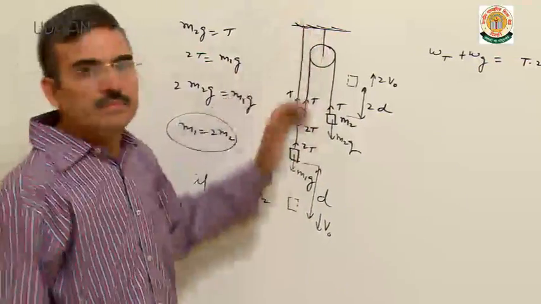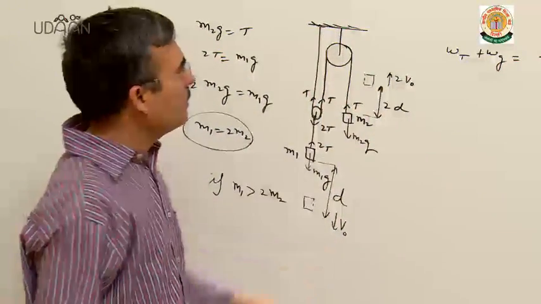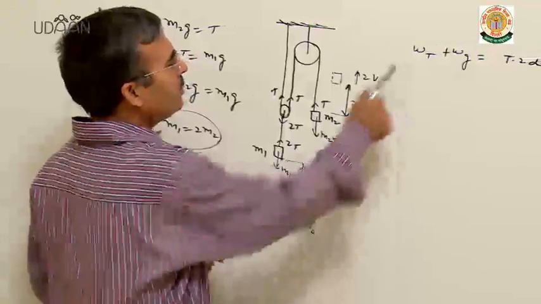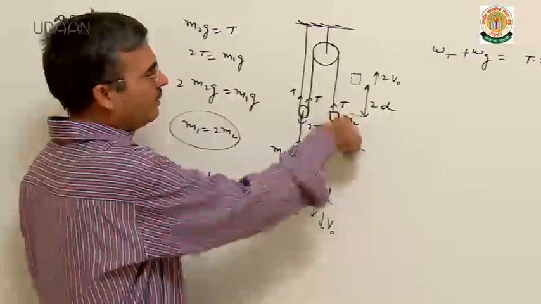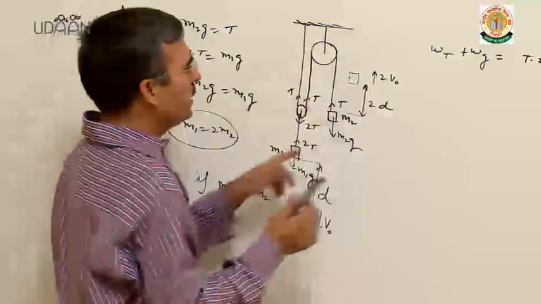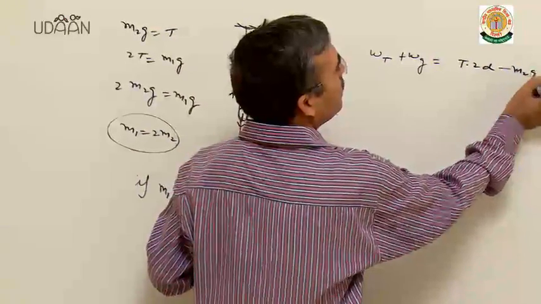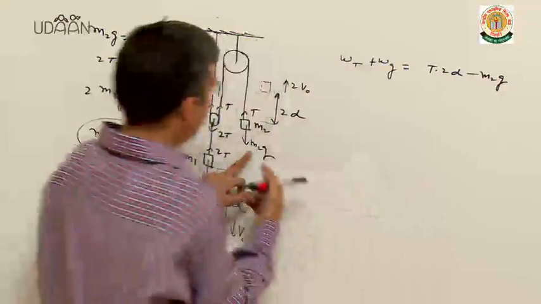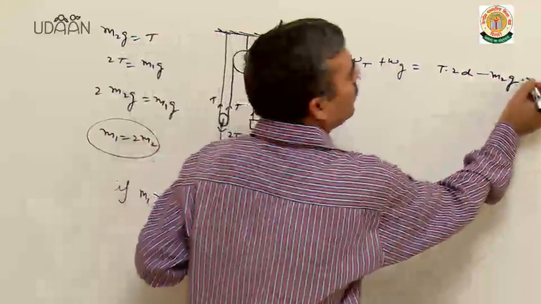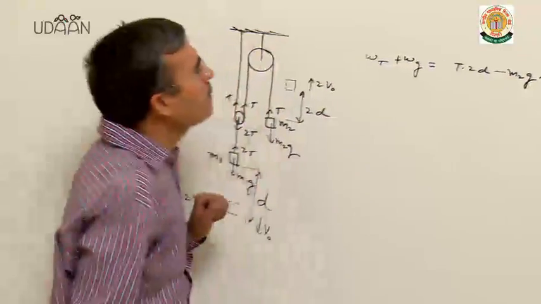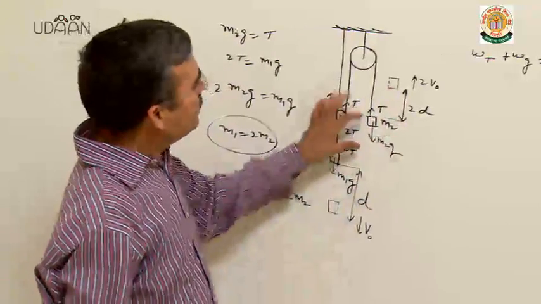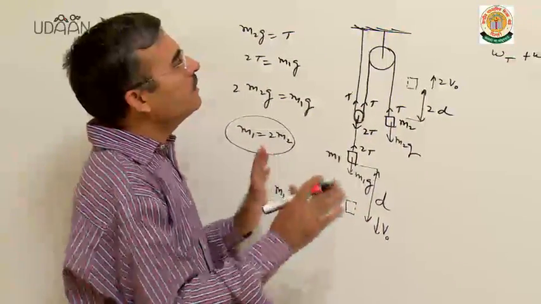T is up, displacement is up, पॉजिटिव आएगा. वर्क डन बाय ग्रेविटी, M2G नीचे, डिस्प्लेसमेंट अप, नेगेटिव आएगा वर्क, माइनस M2G into 2D. It is net work done on M2 block by the forces.